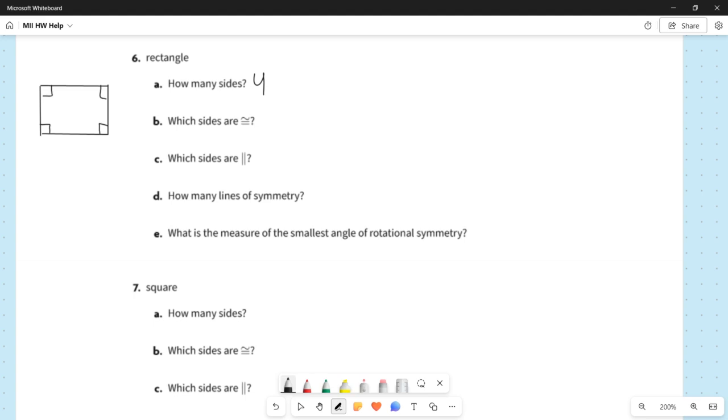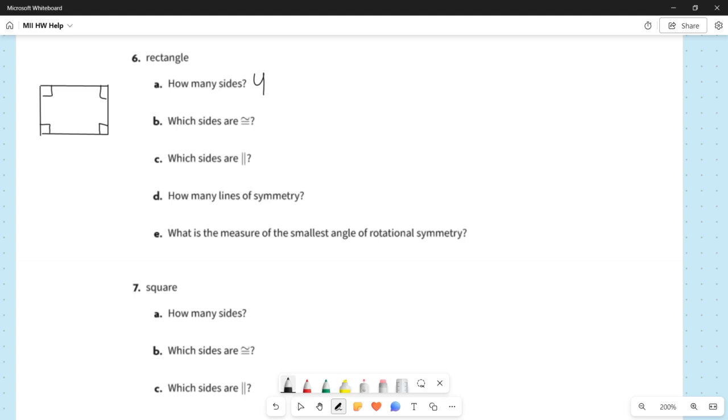So because the angles are congruent and because they sum to 360, they have to be 90. But the definition of a rectangle, like I said, is a quadrilateral with equal angles, which implies that they are 90 degrees.